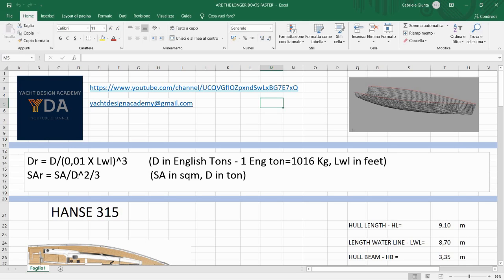The displacement is a volume, so it is to the power of 3. And we have to harmonize the two different dimensions in this way. In this case, sail area is in square meters and displacement is in tons.